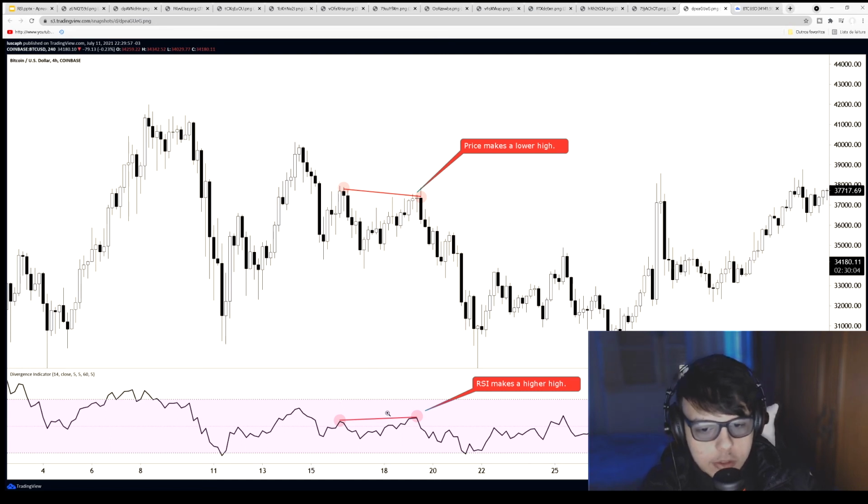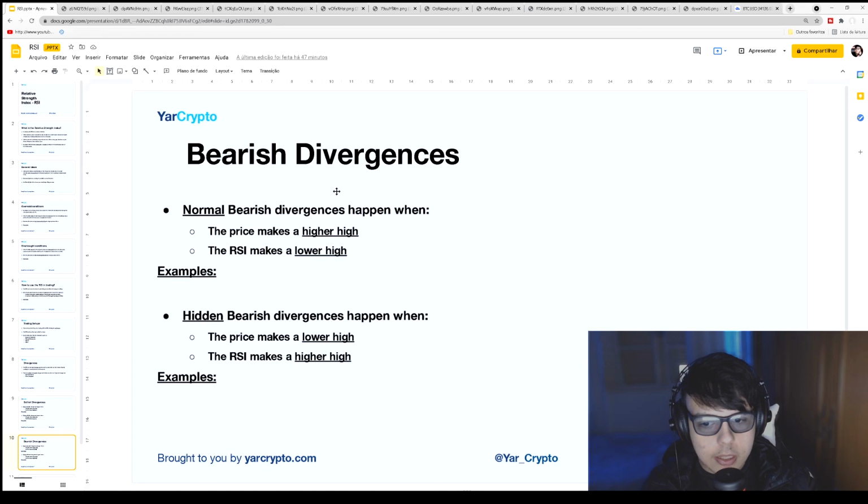So what this means is, although the RSI is showing some strength here, the price is actually contradicting the RSI, and so the price moves down after that. Okay, so this is a hidden bearish divergence, when the price is doing something different from what the RSI is showing. All right. So yeah, that's basically the types of divergences that we have, guys.